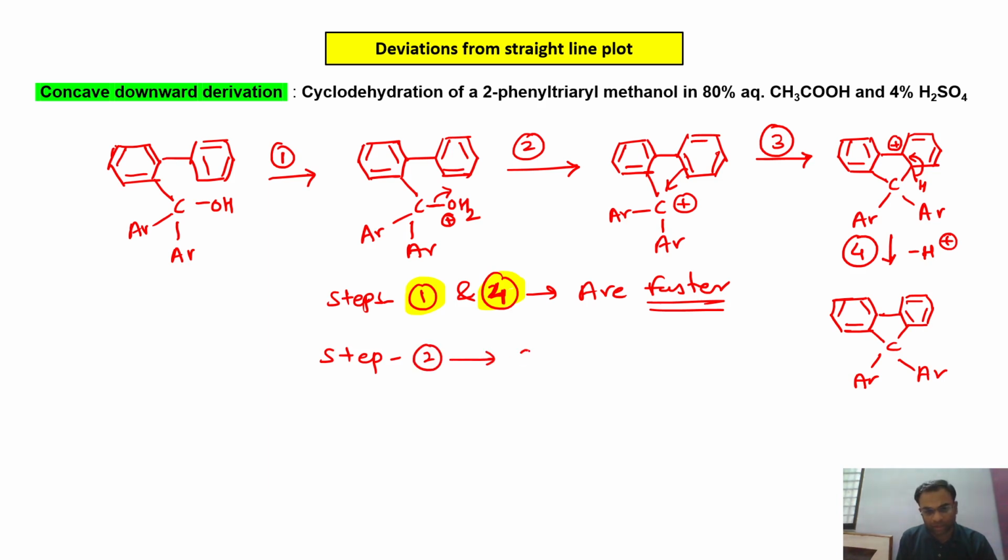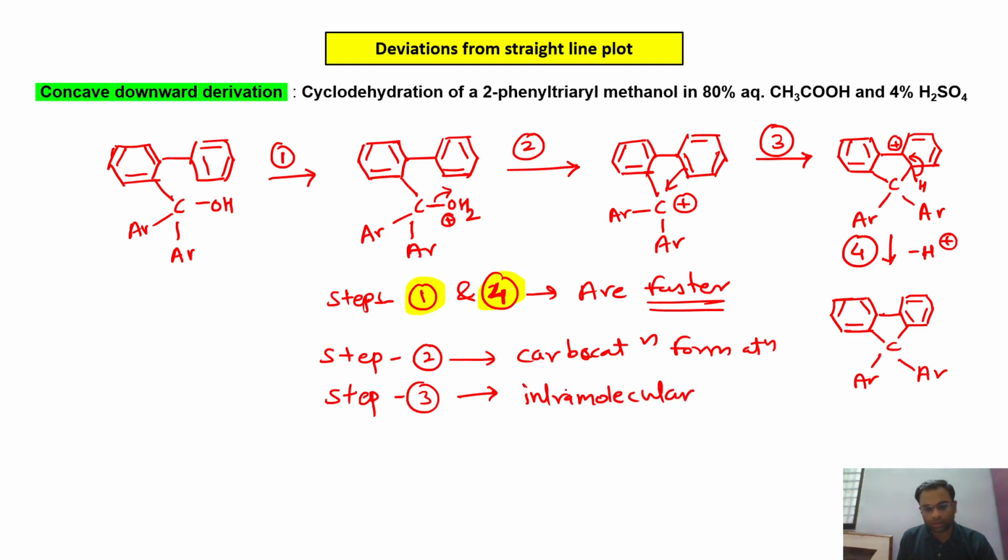Step second is the formation of carbocation, and step 3 is the intramolecular attack of the phenyl ring on the carbocation.